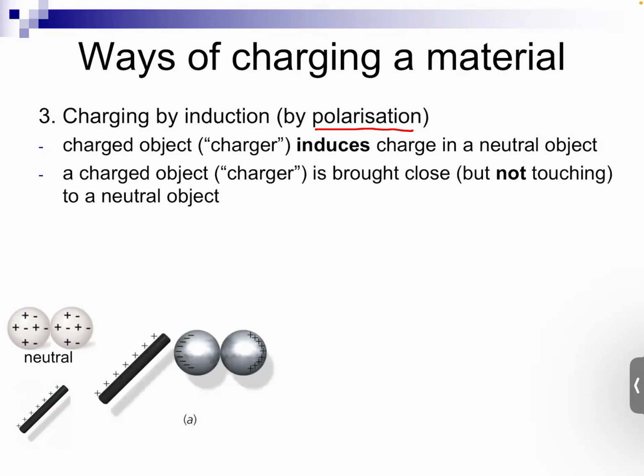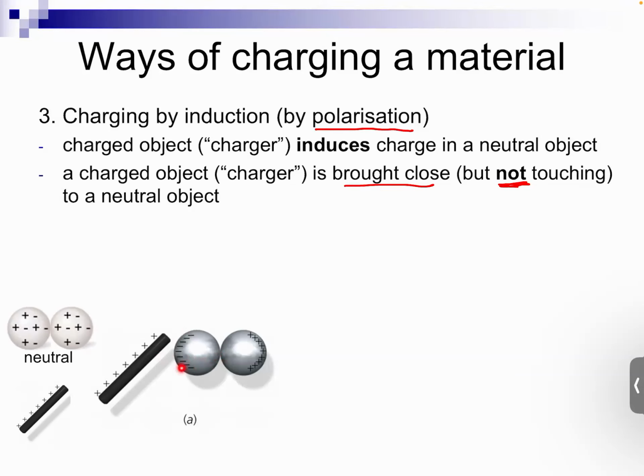The key difference between charging by polarization and charging by contact is that charging by induction or polarization does not make the two objects touch. So you just bring the charged object close to the neutral object, but not touching. Once the positively charged object touches the neutral object, that becomes charging by contact. But in this case, they should not touch.